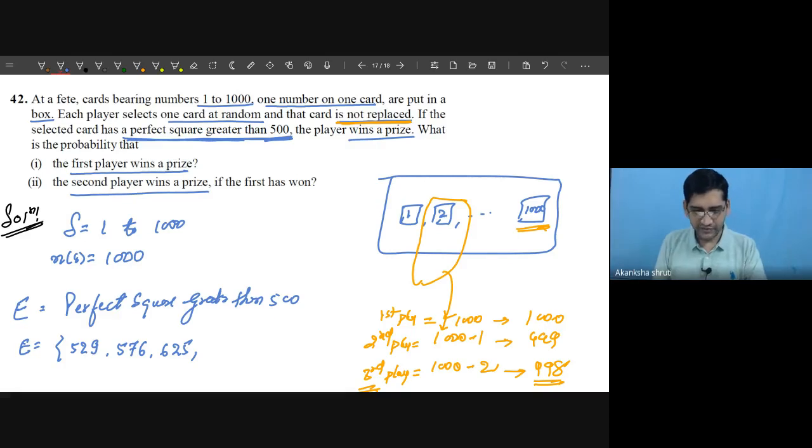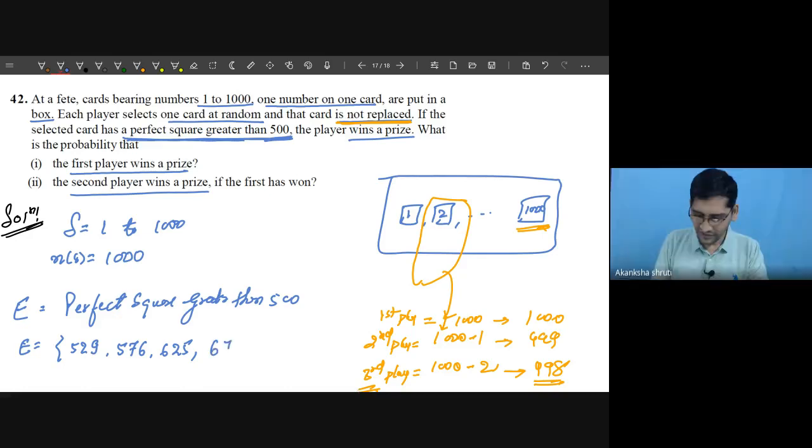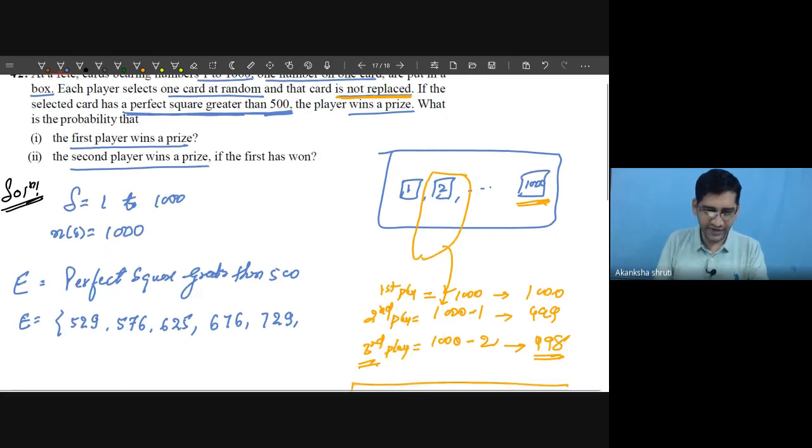Quickly tell me. 676. Very good. I had already told you to remember up to 30 at least. So this was our 26 square. Then come to the 27 square. Tell me quickly. 729. Very good. Even in math, we have done a lot of practice for this.